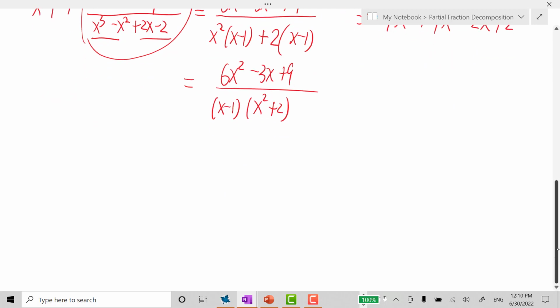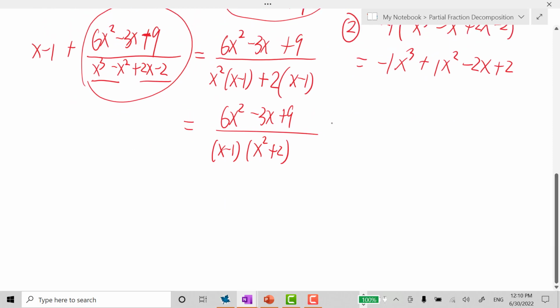Now we're going to decompose this part. So we have a linear factor on the bottom. On top of the linear factor must be a constant, A over x minus 1. And then on top of the quadratic term must be a linear term, Dx plus C, which goes over the second factor.